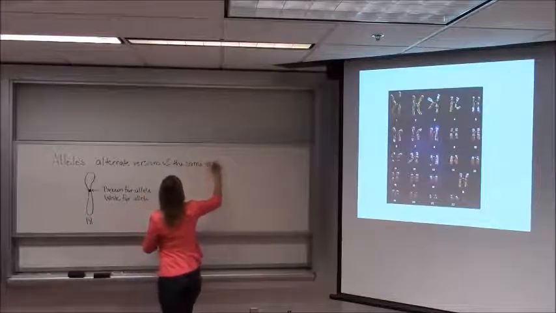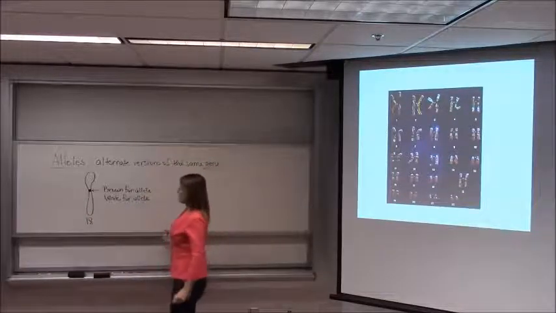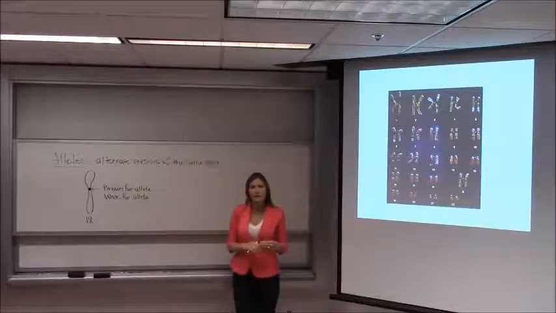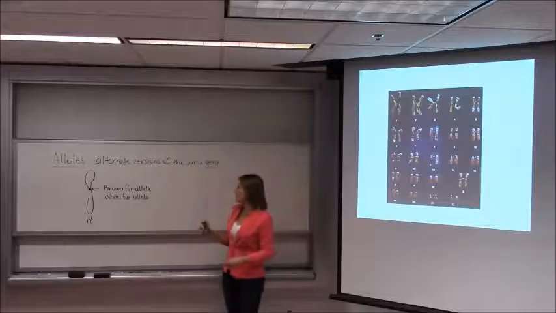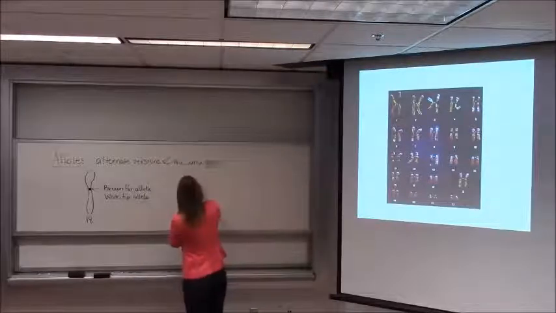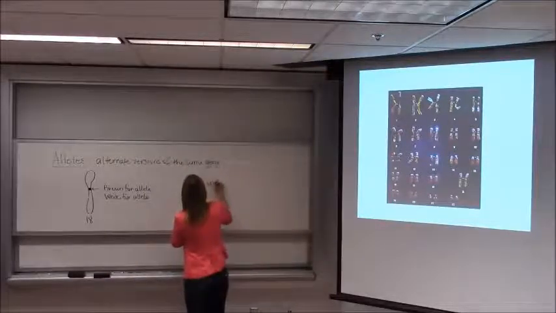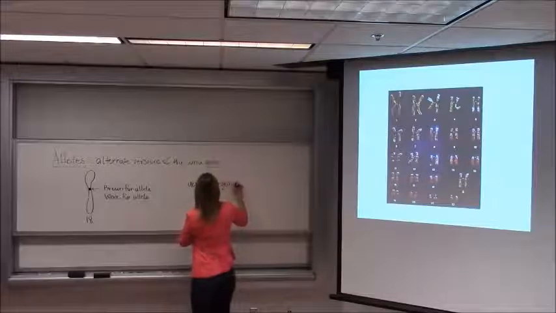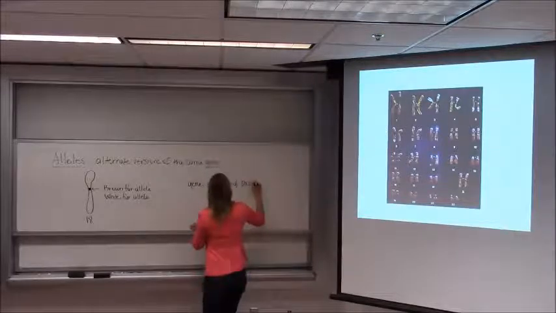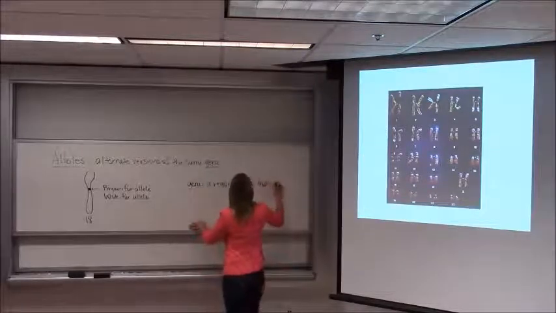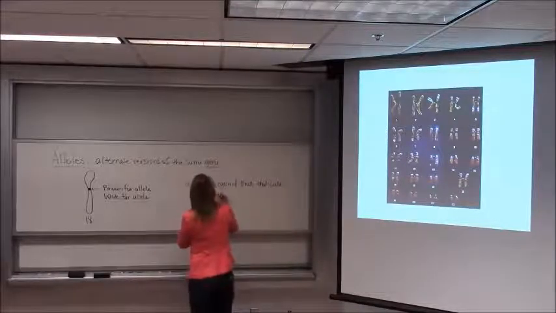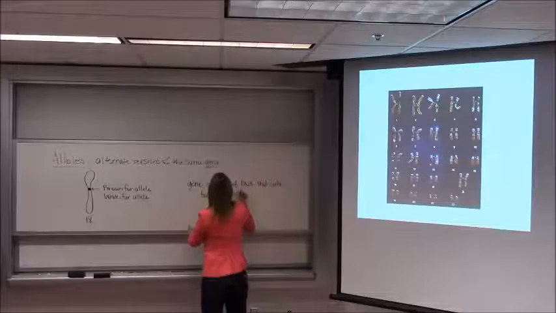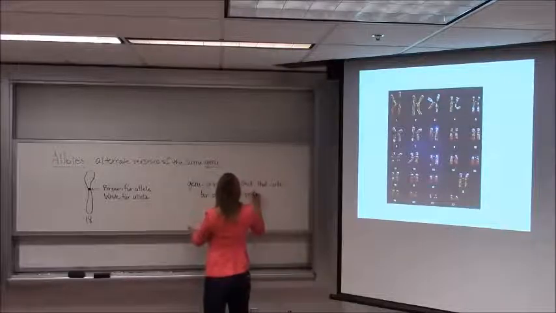What is a gene? We've talked about this term before, but let's just remind ourselves. A gene is a region of DNA that codes for 1 trait or 1 protein.